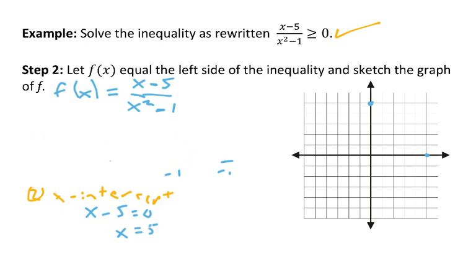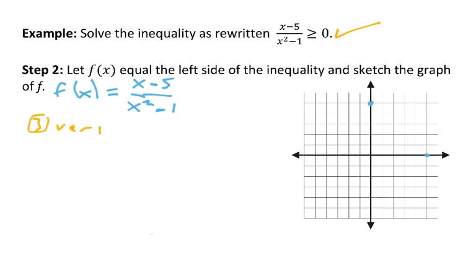Now, next, we are going to look for the vertical asymptotes, and the vertical asymptotes of a graph occur where the denominator is equal to 0.